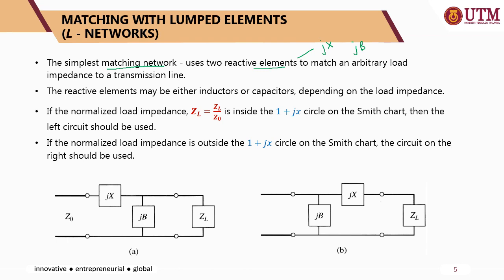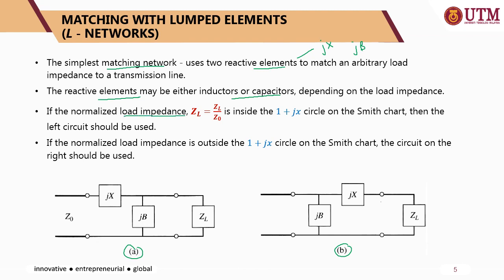The reactive elements may be either inductors or capacitors or a combination of both, depending on the load impedance you have. So the first decision that you need to make is whether to use configuration A or B. It is dependent on the normalized load impedance.